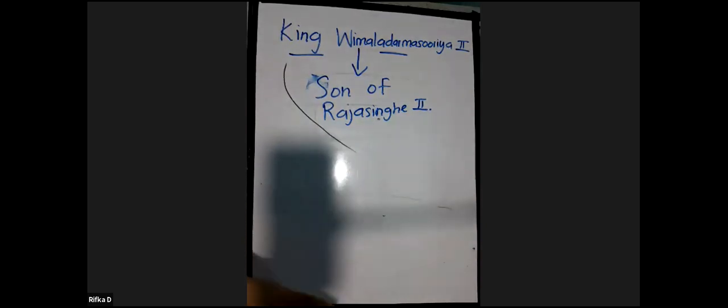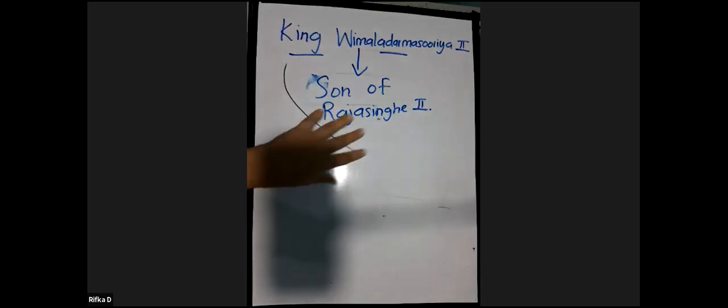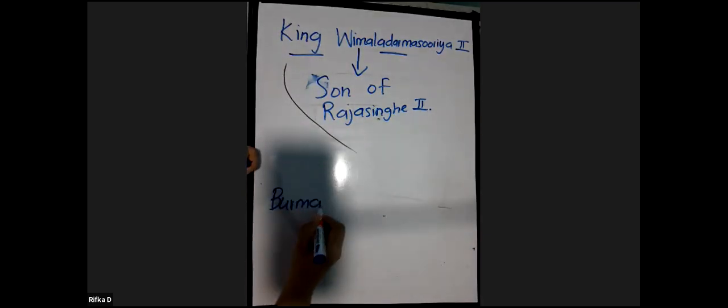At the time there were no more bhikkhus here who had attained that Upasampada, so they used to bring Upasampada bhikkhus from Burma and Thailand. You would have learned this. So he also made arrangements to bring the higher ordination from Burma.